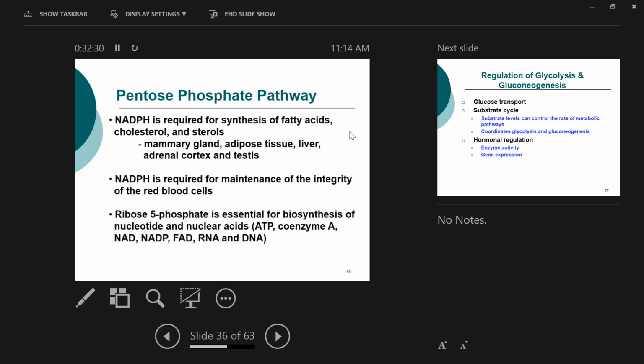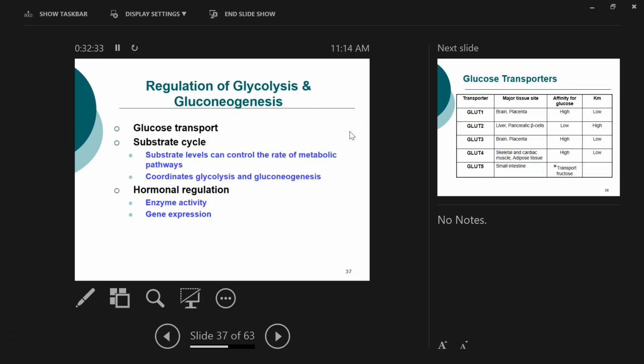All right. Now let's talk about the regulation of glycolysis and gluconeogenesis. As I mentioned, these two pathways have opposite functions.